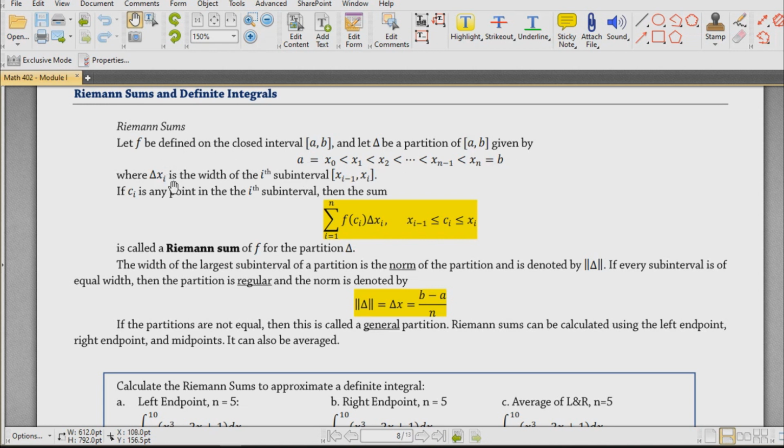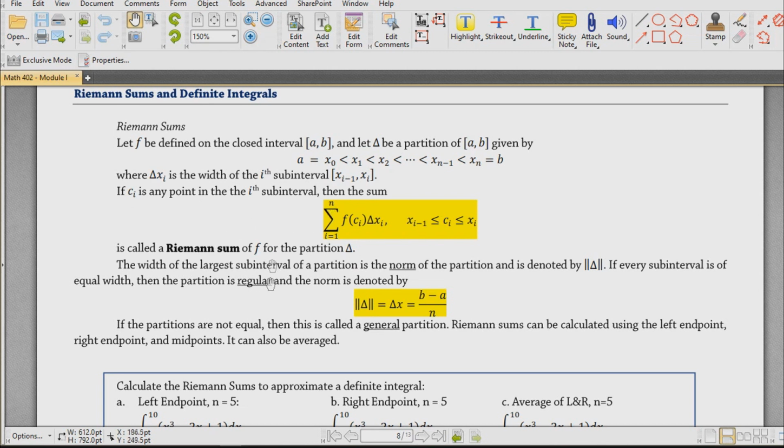We call this the subinterval delta x sub i, which is the width of the ith subinterval. If we take any point c sub i in the ith subinterval, we can take the sum of that, and that will be the Riemann sum. Later on I'll give you an example about this Riemann sum. I'll just be discussing the terms that we should be using.